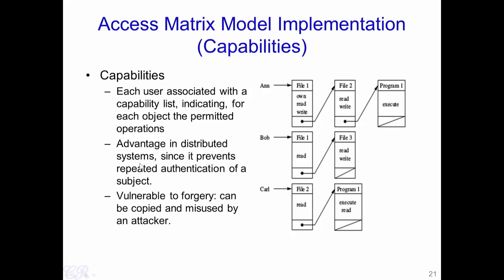So, essentially, once the subject authenticates itself in the distributed environment, then it could obtain this entire list, and the system will know its rights for each object which is present. However, the limitation is that it is vulnerable to forgery. If a particular right or a list is copied by an attacker, it can then be misused.